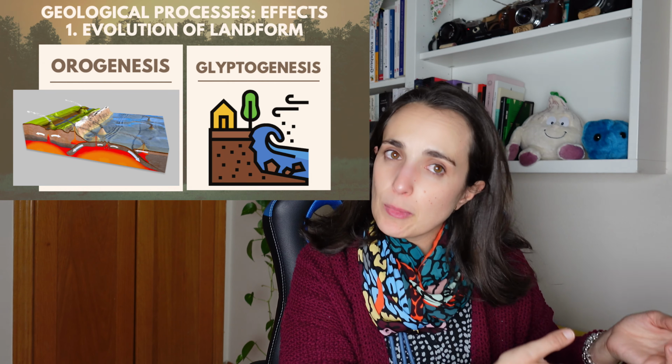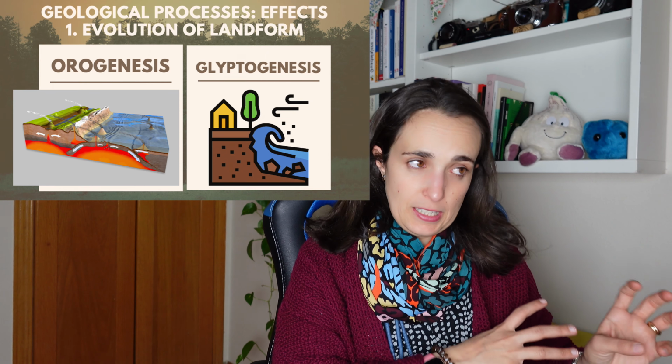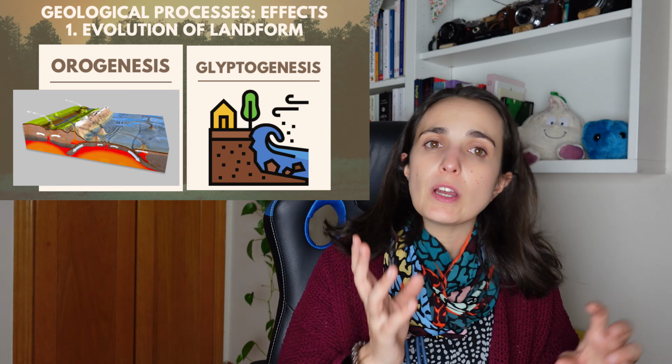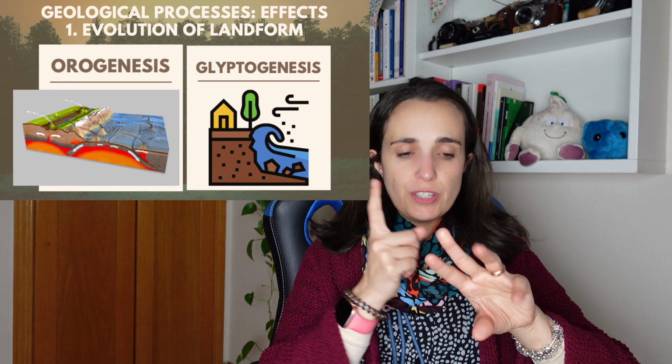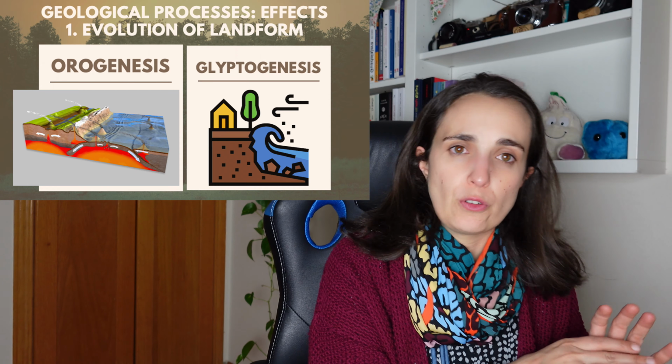They will sediment and stay there. All these processes are called glyptogenesis, okay? In the case of glyptogenesis, we have 4 main processes, which are meteorization, erosion, transport, and sedimentation. We will talk about this more in the future also.